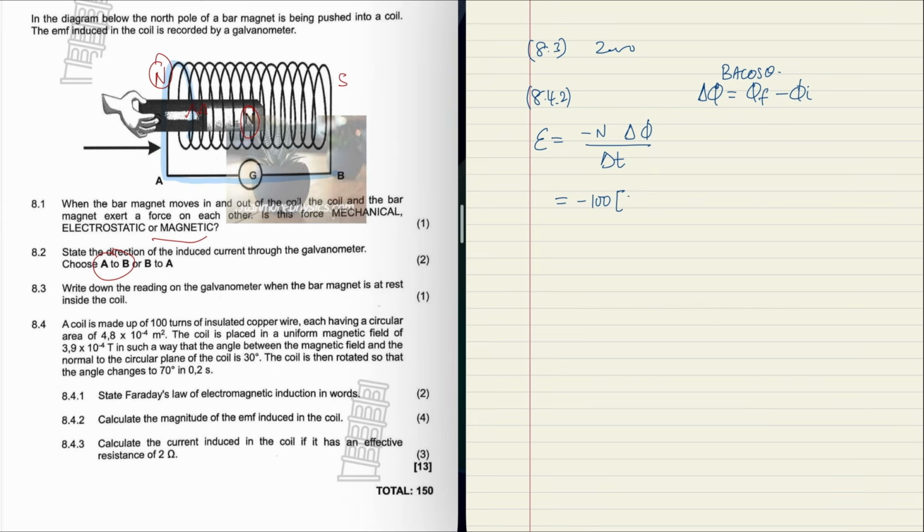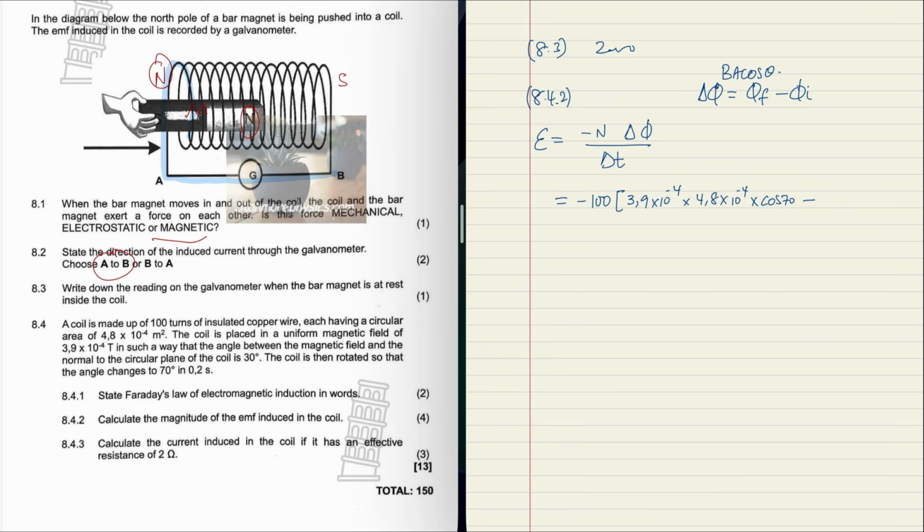So the magnetic field is 3,9 times 10 to the power minus 4 times the area, 4.8 times 10 to the minus 4 as well. And then the final angle is 70 degrees, so times cos of 70 degrees.